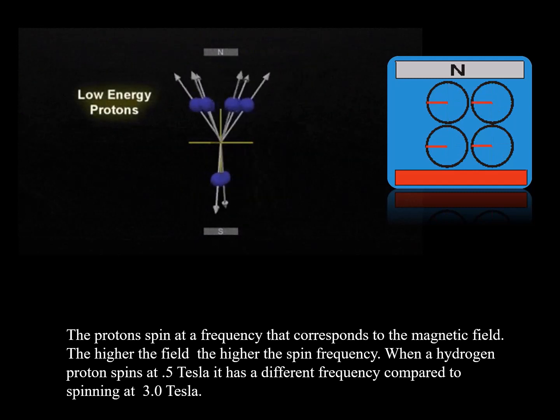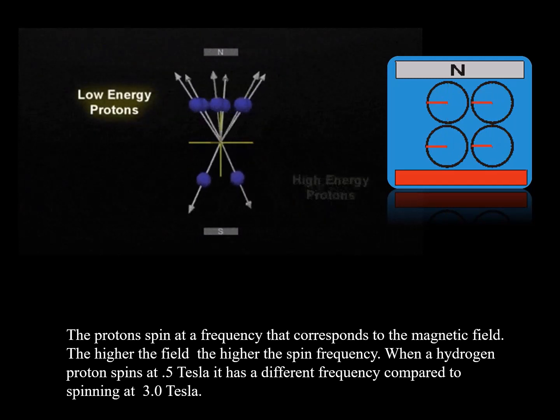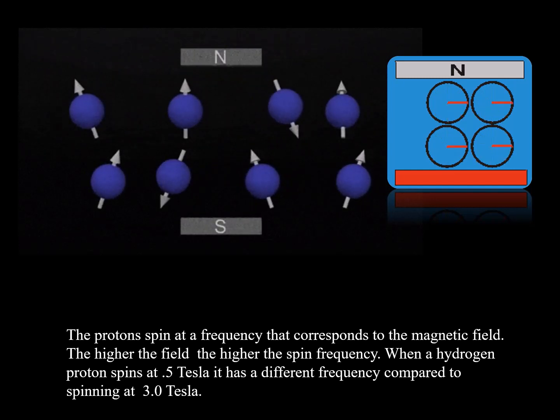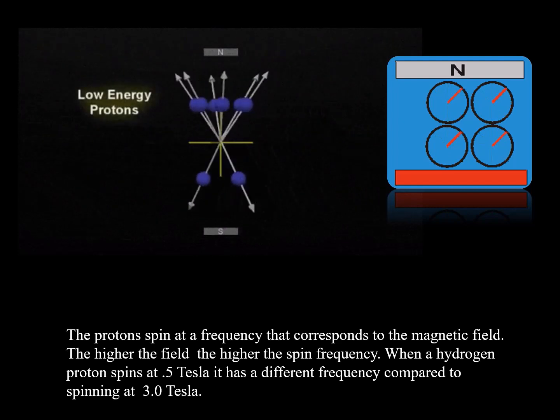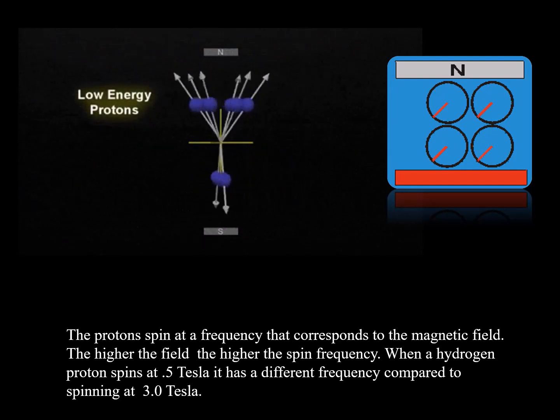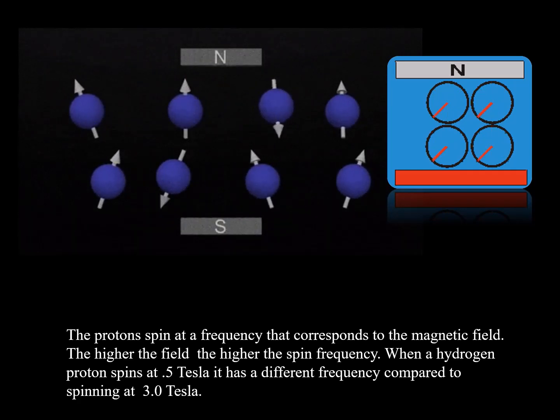Once the protons are aligned in the body, they're all the same energy. And how can we measure the differences in tissue energy using MRI? Here we can see a snapshot of all the protons aligned, north and south, low energy and high energy.